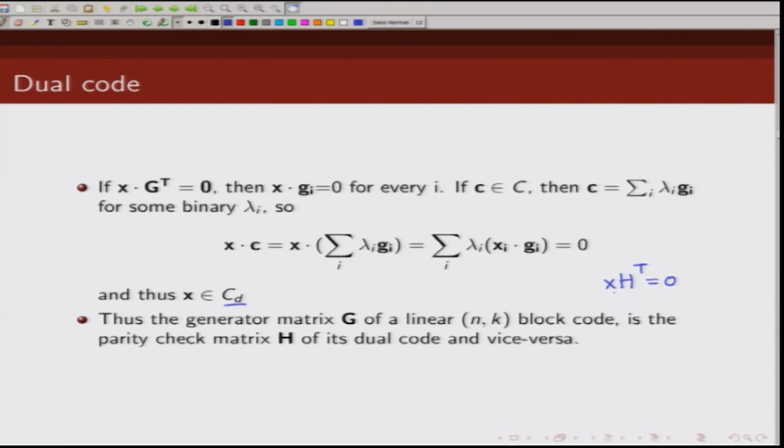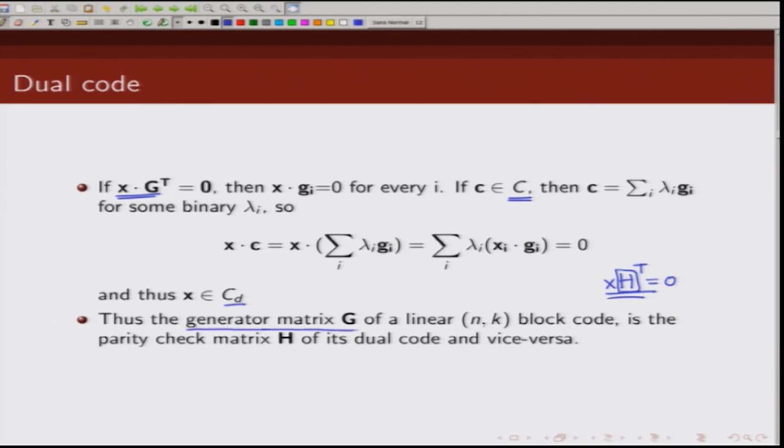So, if we compare this form with this, you can immediately guess that the generator matrix for the dual code is given by the parity check matrix of the original linear block code C, and the parity check matrix of the dual code is given by the generator matrix of the original code C. So, this is what I am saying here.